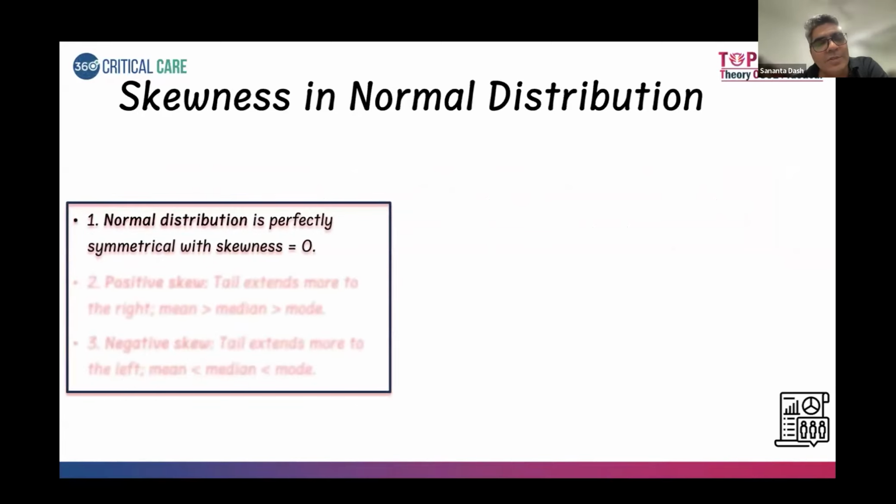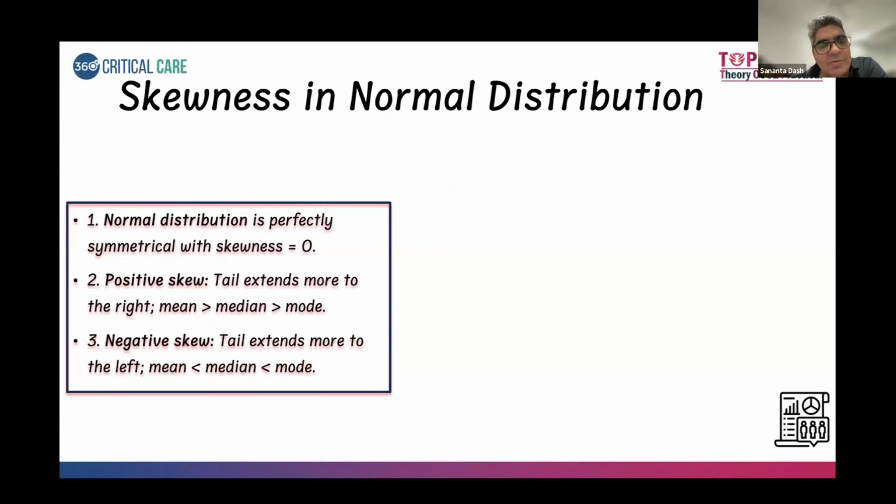In a normal distribution, as I said, the skewness is 0. Positive skew means the tail extends more to the right. In this case, the mean is more than the median, which is more than the mode. So mean, median, mode, it's in that descending order if it is a positively skewed or right skewed data. If it is negatively skewed, the tail extends more to the left.